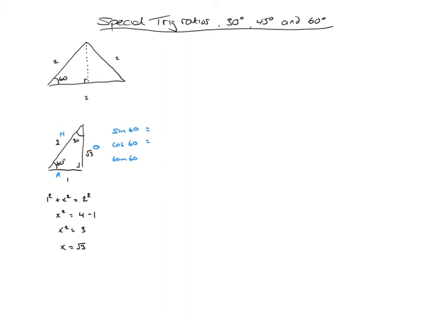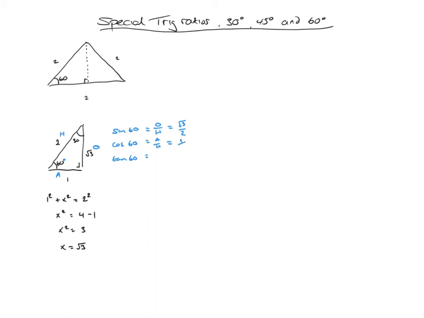So equals, equals, equals. So sine of 60 is equal to the opposite over the hypotenuse, which is equal to, well, let's have a look here. The opposite is root 3. The hypotenuse is 2. So this is equal to root 3 over 2. Cos of 60 is equal to the adjacent over the hypotenuse, which is equal to, well, you can see here it's 1 over 2.